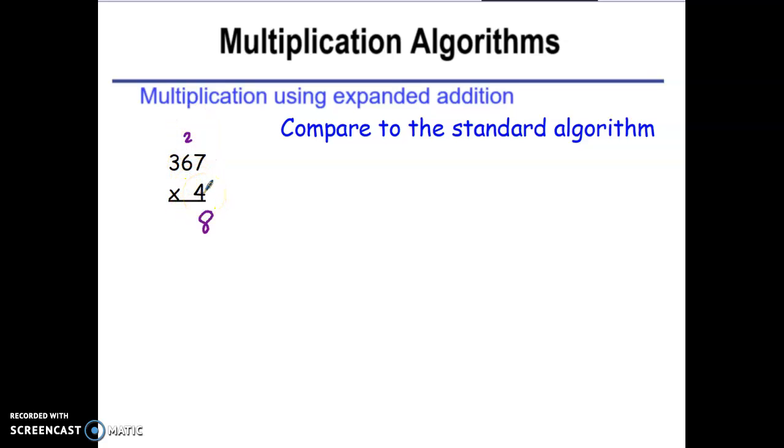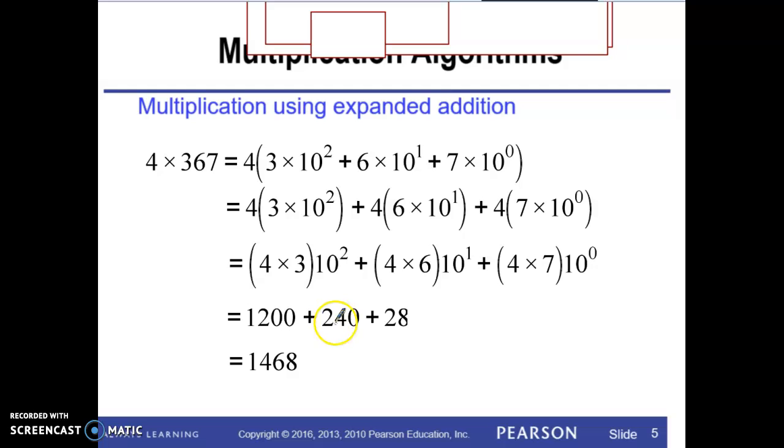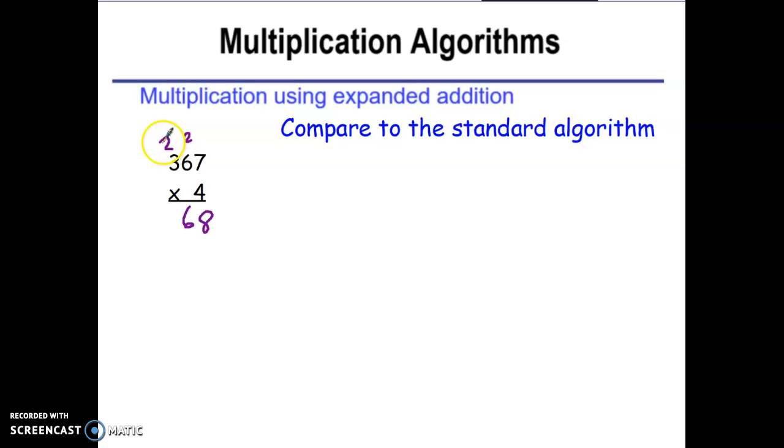So when we think about this as 4 times 6 is 24 plus 2, we have to remember that all of that is happening in the tens place. So we really have 260. So I'll put my 6 and carry my 2. Okay, so let's look back over here. Here's the 24 and the 2 that we carried, giving us the 60. And then we carried over that extra 2.